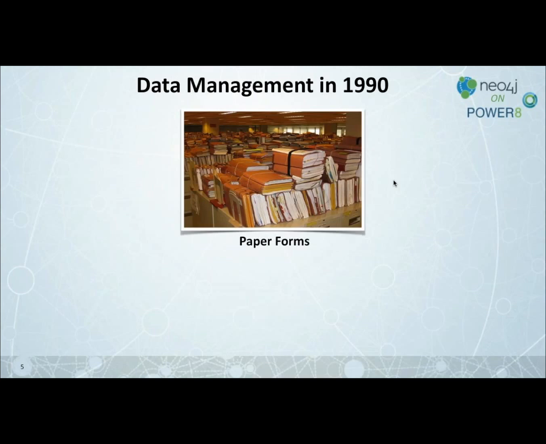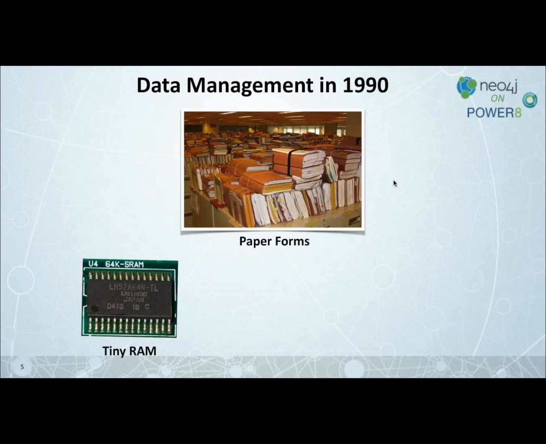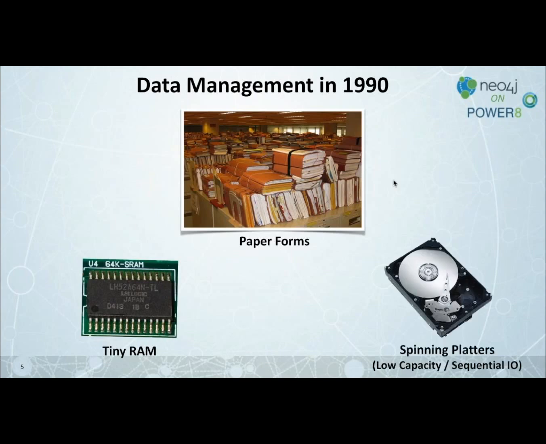The kinds of technology you were dealing with was very small and sparse amounts of RAM, which is also very expensive, as well as spinning disk, which is very low capacity compared to today, also very low in throughput compared to today, and also optimized for sequential I/O, meaning the head picking up bits as they're spinning underneath the disk.